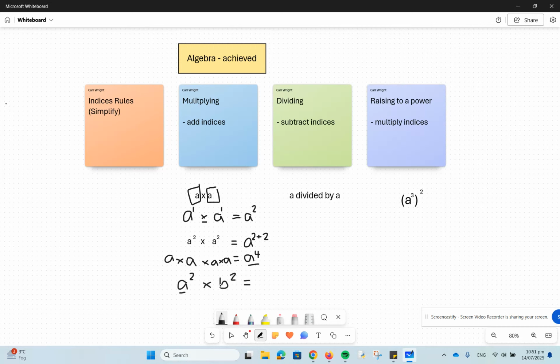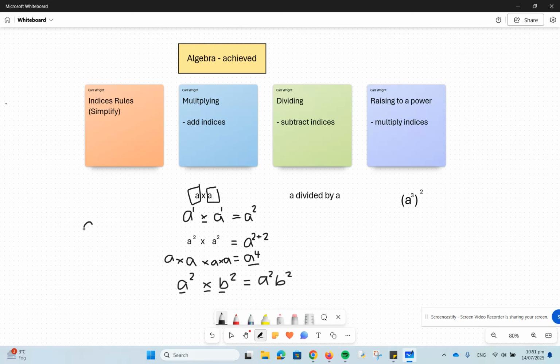So the base here is A, and the base here is B. If the bases are different, you don't add the indices. So if I was simplifying this, it'll end up as a squared and just b squared. If there's no gaps in between the letters, it's the same as writing times, okay? So you don't add them up if the base is different.